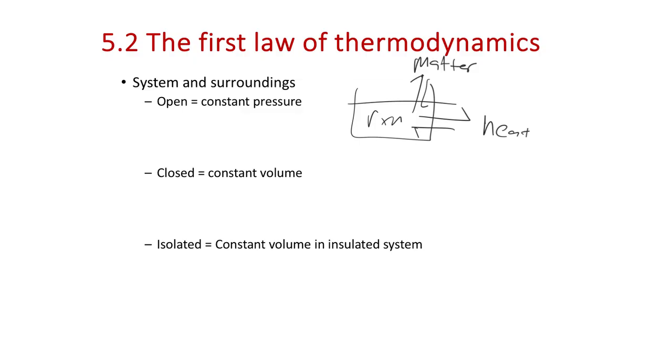And if we have a reaction that takes place and the beaker turns cold, then the heat will be absorbed from the surroundings and eventually warm that container up, and it'll go back to room temperature after however long it takes. So an open system just can exchange matter and heat with its surroundings, can't increase its pressure. That's why we call the open system a system at constant pressure.